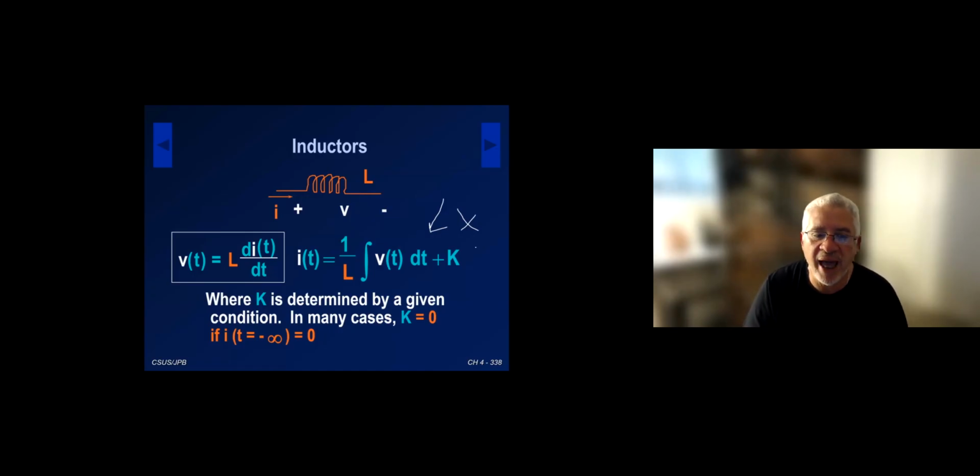We can assume the constant of integration K is zero because at some point the current should be zero on the inductor. What's boxed here is really what we're going to be using anytime we have an inductor.